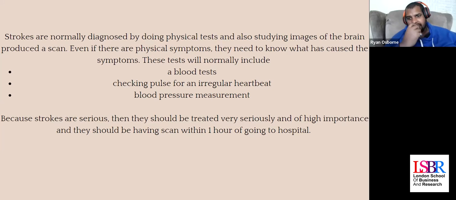And if a person has slurred speech, or their vision is going, like blurred vision, those should be some of the signs that, okay, look, something is really wrong here.